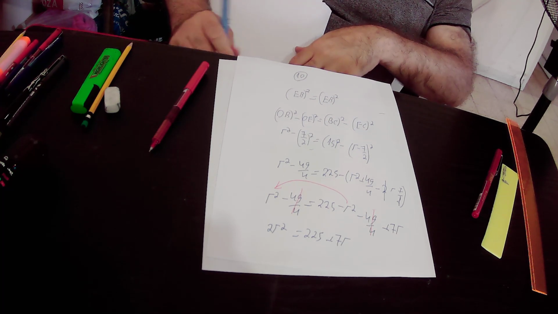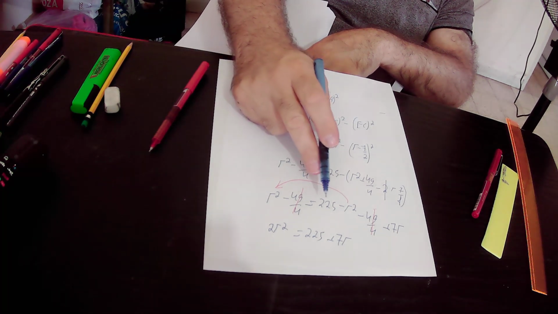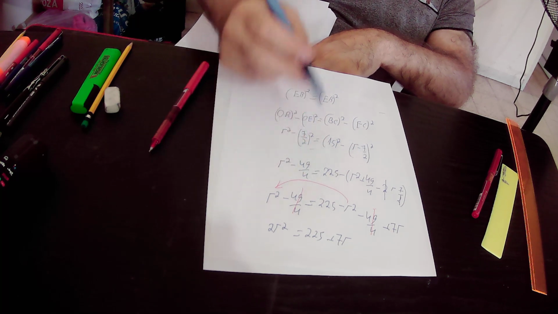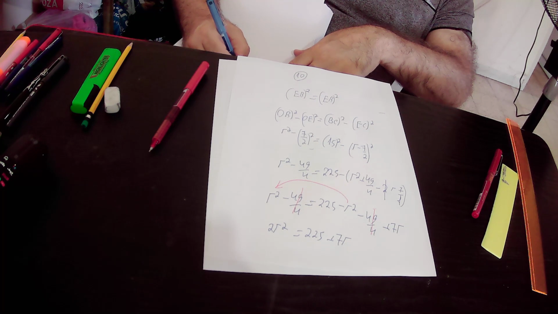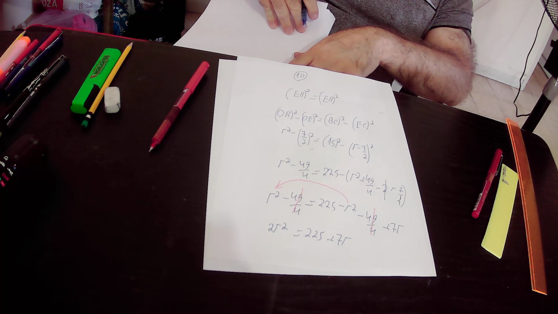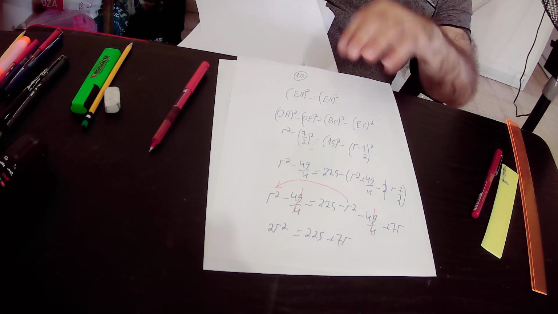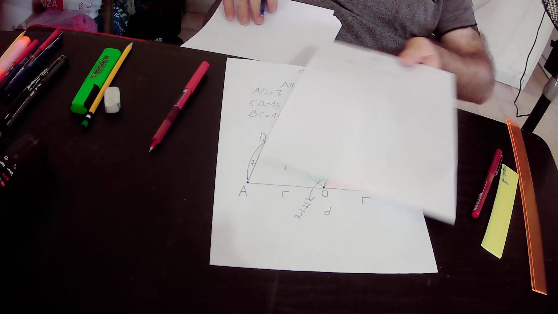So here we will subtract 225 and also 7R from this equality. We will get a quadratic equation: 2R squared minus 7R minus 225 equals 0.